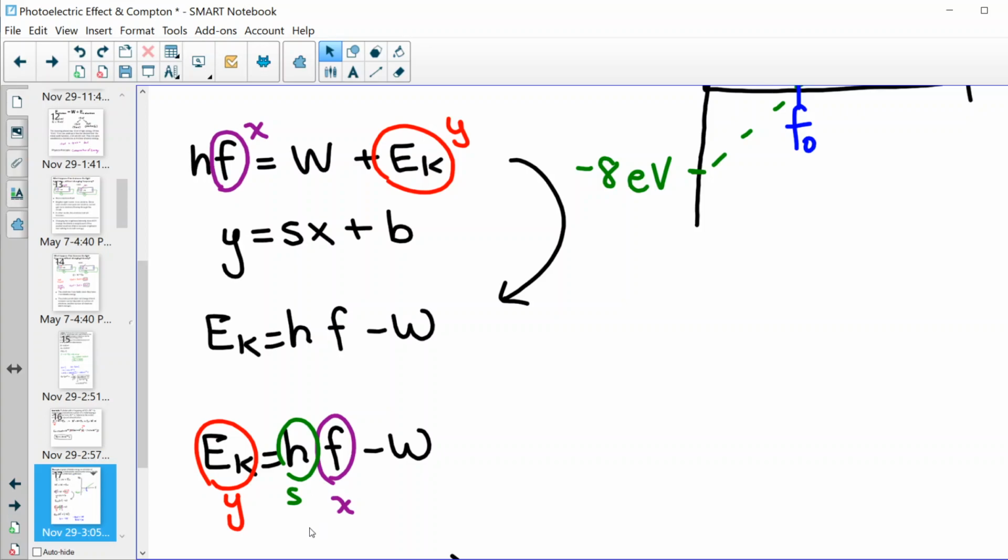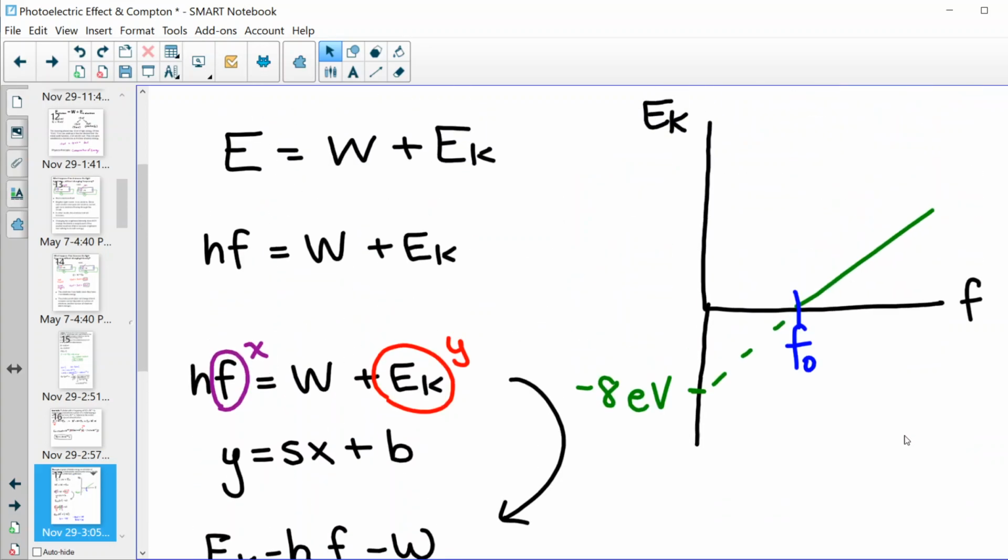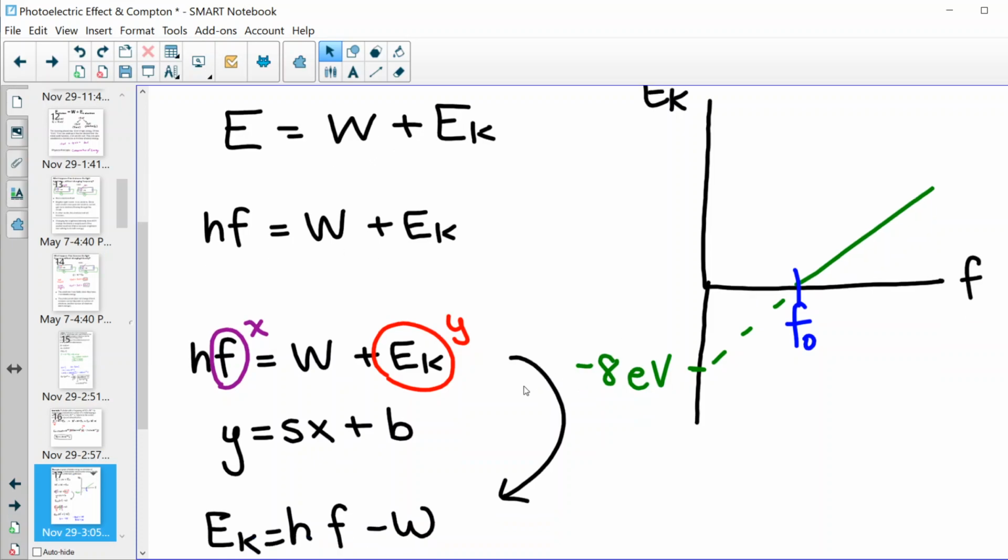Remember from earlier in the course, whatever variable is multiplying x is your slope. Because h is multiplying f, the slope of this graph is Planck's constant. That's interesting. It doesn't matter what type of light you're using. It could be ultraviolet light, red light, green light, doesn't matter. If you use it to make a graph, the slope of that graph will always be the same. It will be Planck's constant.